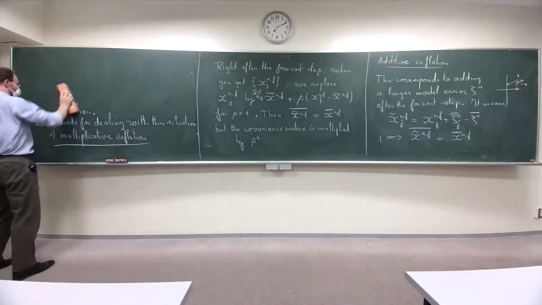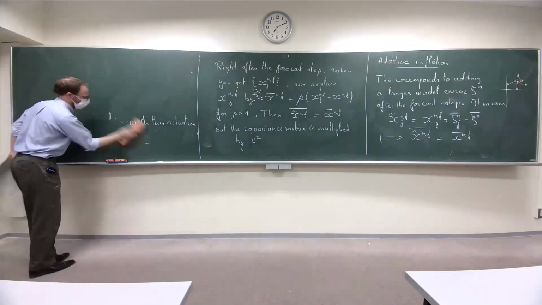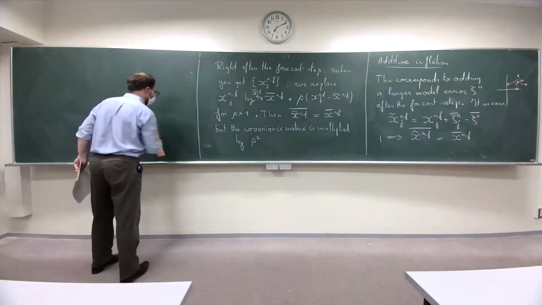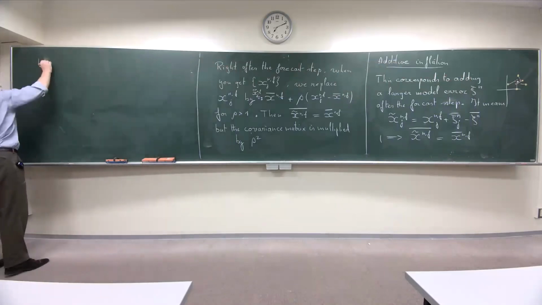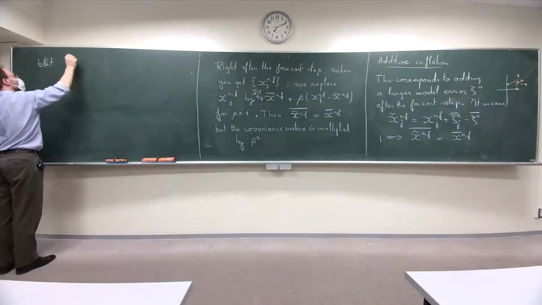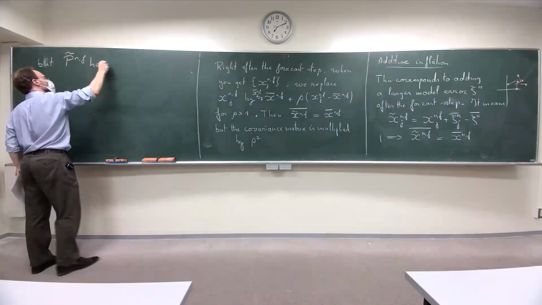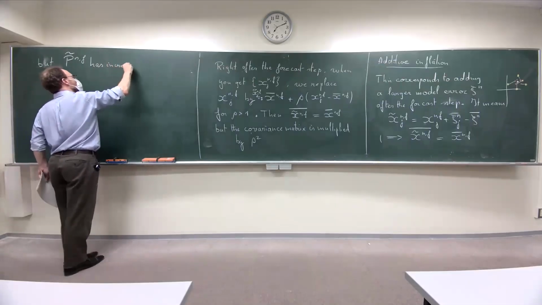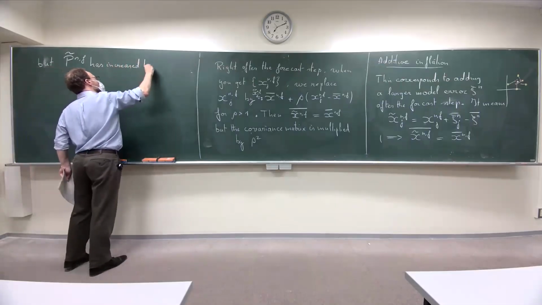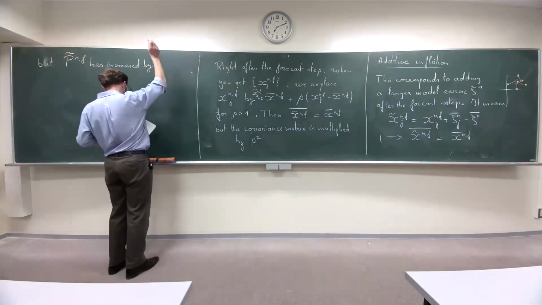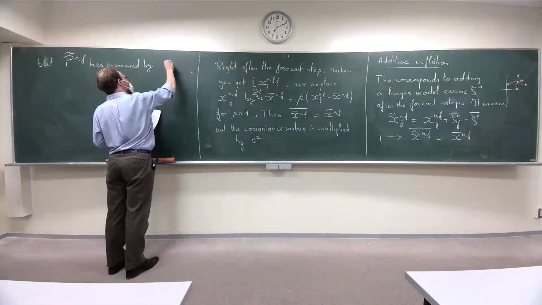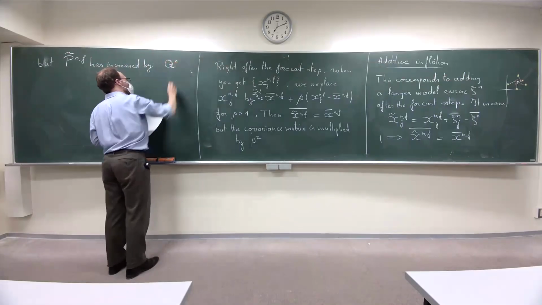But what has changed here? The covariance of x_n^f tilde has increased. I think I have introduced at the beginning this Q_n.